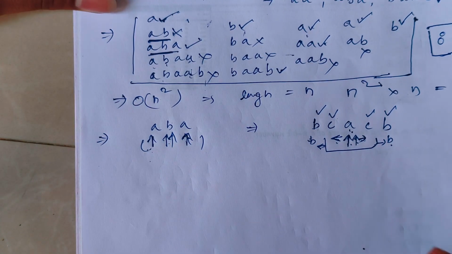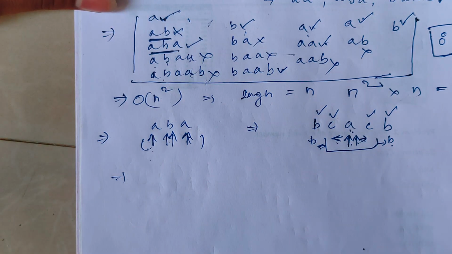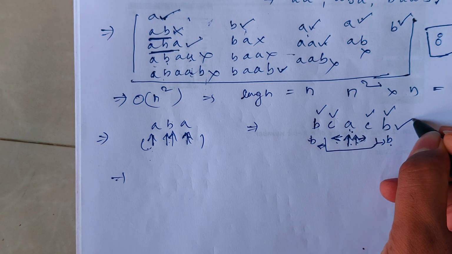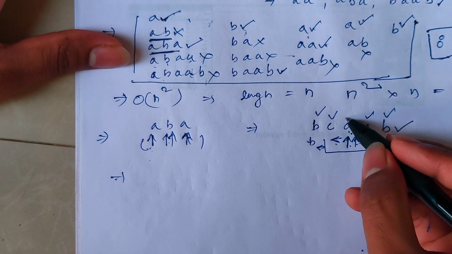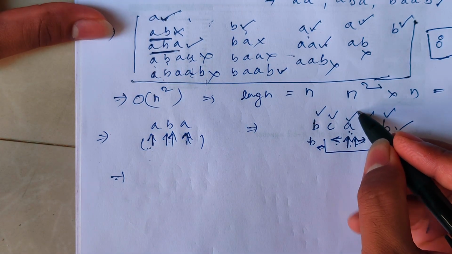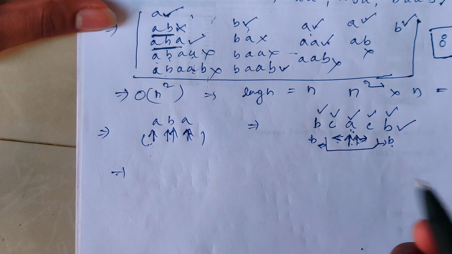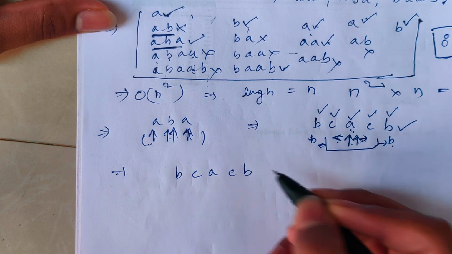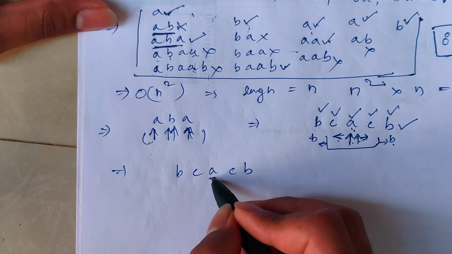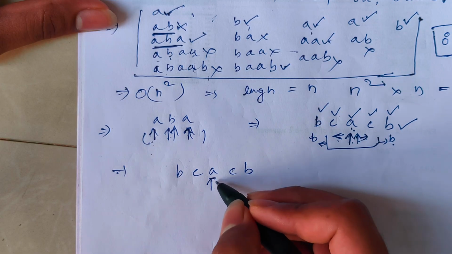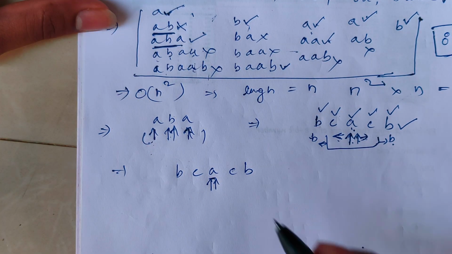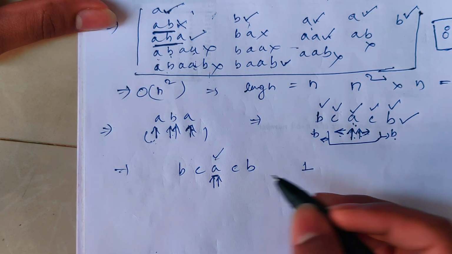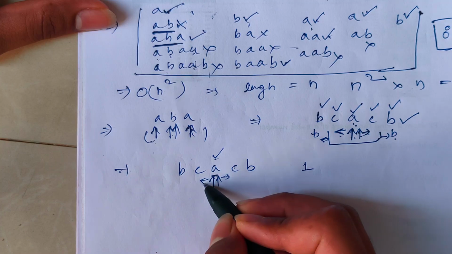So in this case, what have we done? We have checked whether it is a palindrome or not, and we also have checked, if A is the middle element, how many substrings could be palindrome. Let's see how. B, C, A, C, B. Here, if we have our two pointers at the middle element, we can say that A is a palindrome, so we can count 1. Then we go aside.